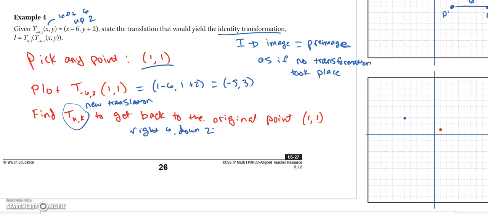So the translation is going to be T, right 6 would be positive 6, down 2 would be negative 2. There's the simple translation.